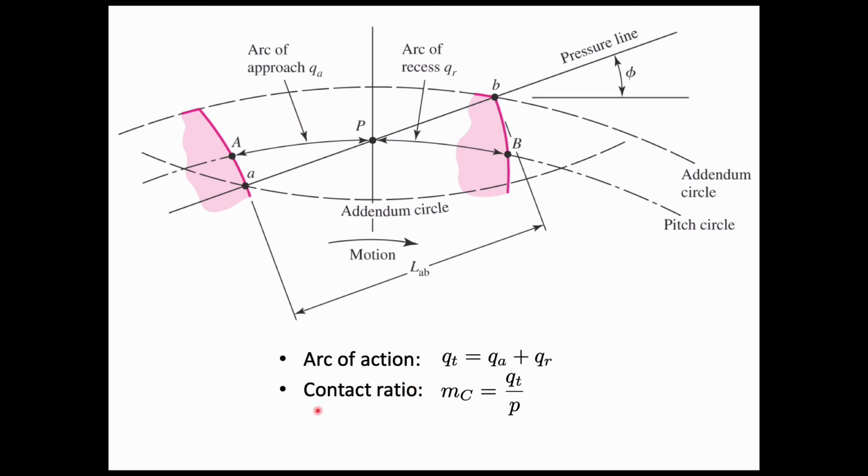And then we can define the contact ratio to be the ratio of the arc of action to the pitch. And remember, this is the pitch that's measured as an arc length along the pitch circle. And so if we have an arc of action that is larger than the pitch, then we're going to have, on average, more than one pair of teeth in contact at a time.